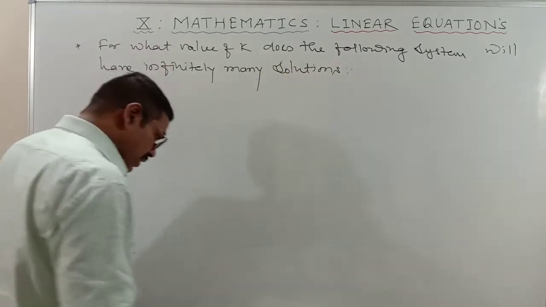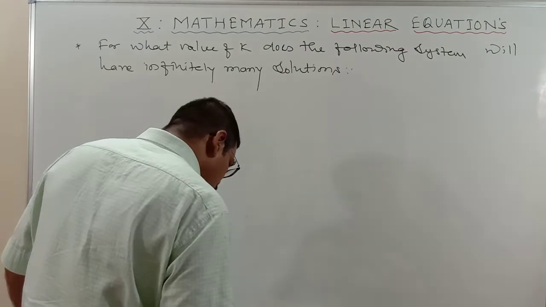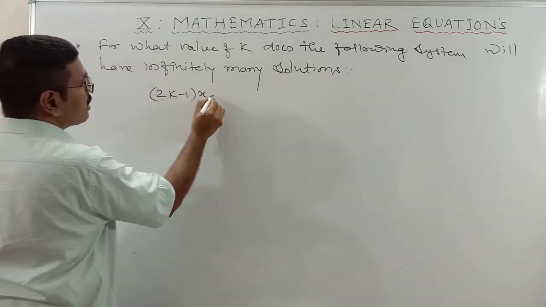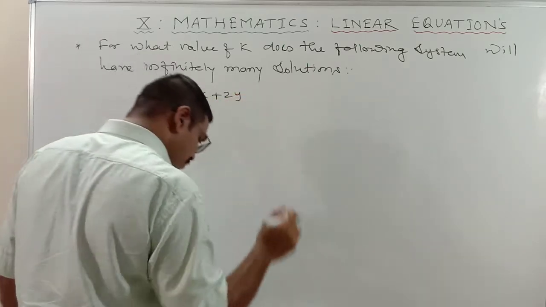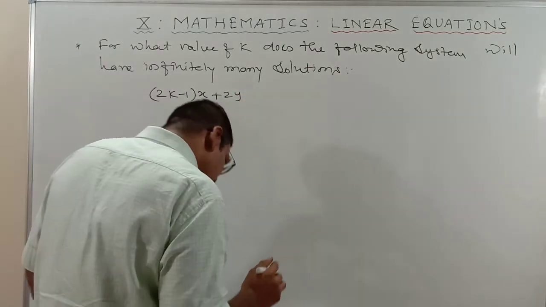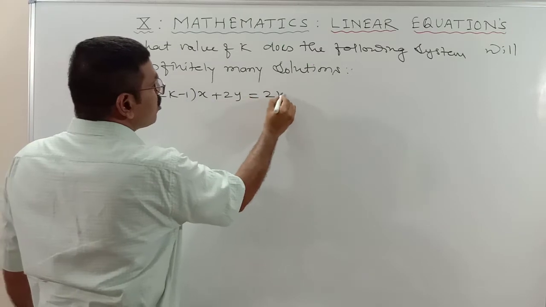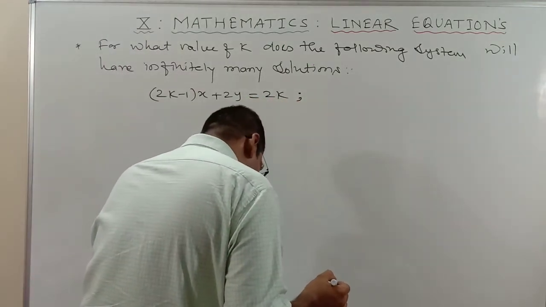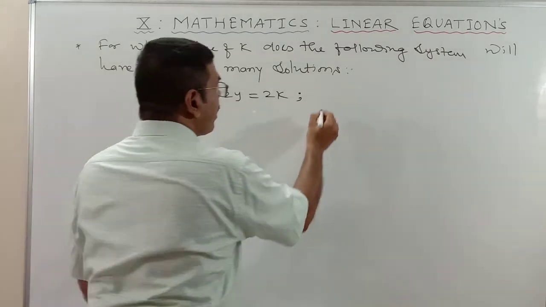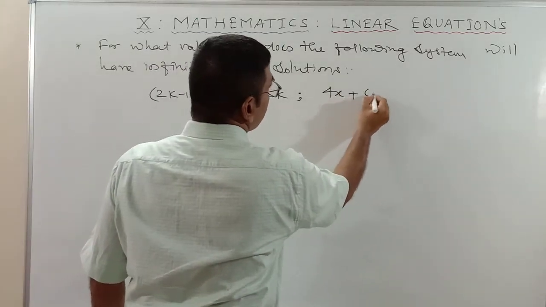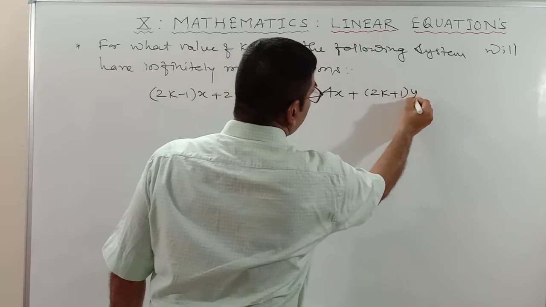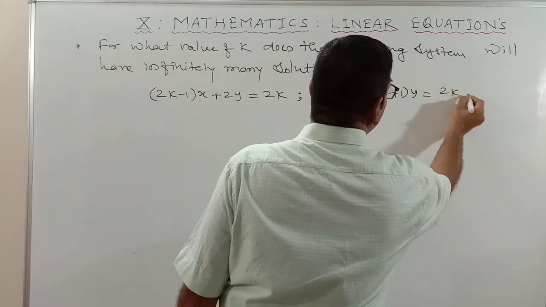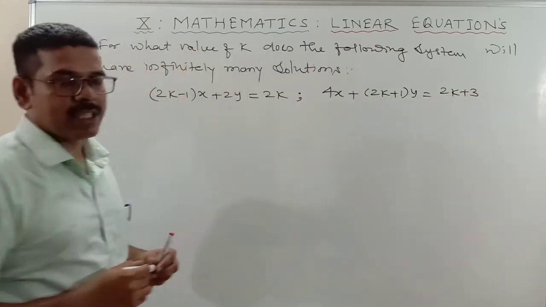The system is given: (2k minus 1) into x plus 2y is equal to 2k, and 4x plus (2k plus 1) into y is equal to 2k plus 3. This is the system given.